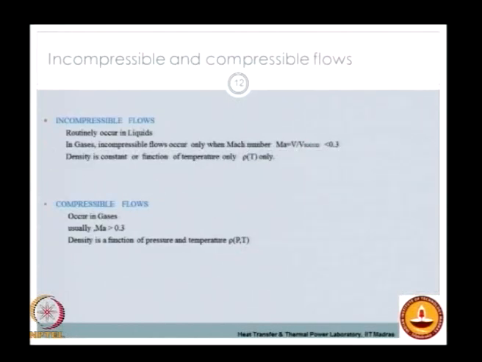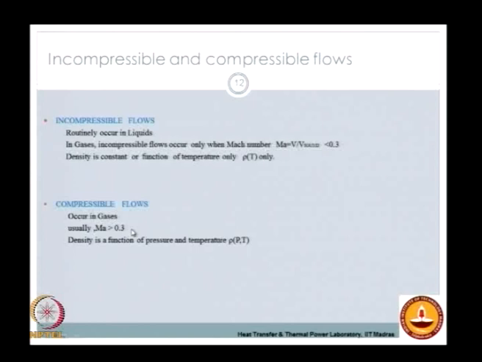You can again classify convective heat transfer based on the flow classification, whether you are looking at incompressible flows or compressible flows. If you are looking at liquids, and also at low Mach numbers, primarily less than 0.3, then you can assume that density is practically constant, or a function of only temperature.